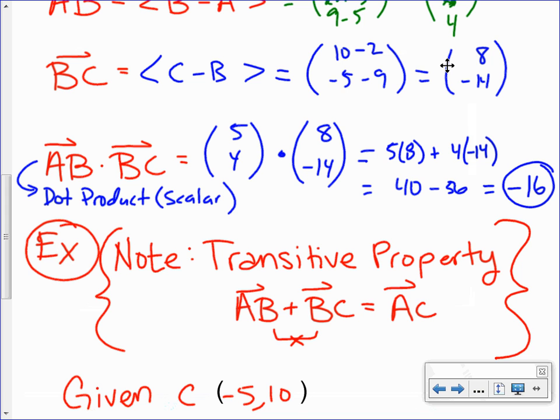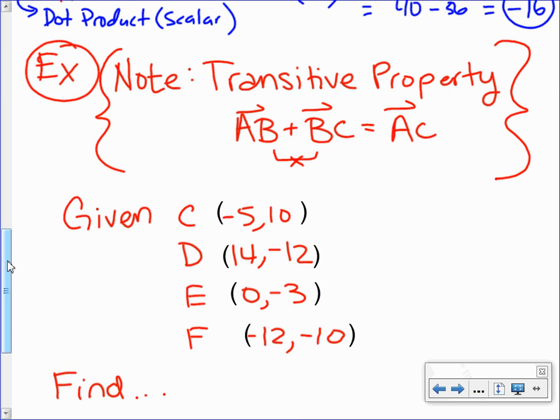All right. There's a transitive property. It's going to be your favorite one. Here's why. If you're adding two vectors together and the middle ones are the same, you can just cancel them, and then you just got AC.